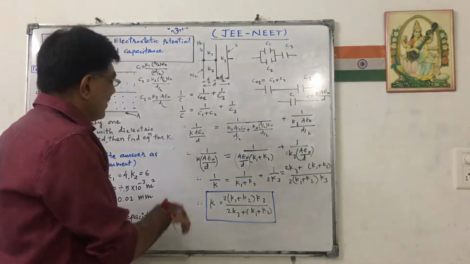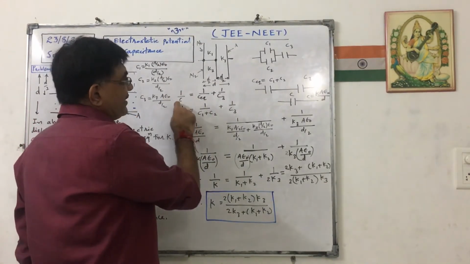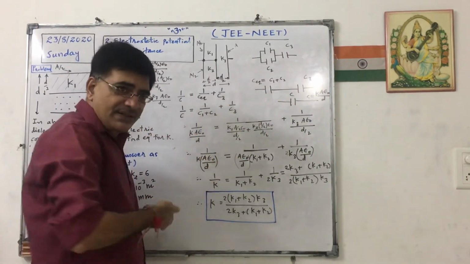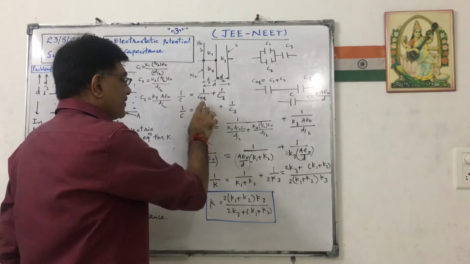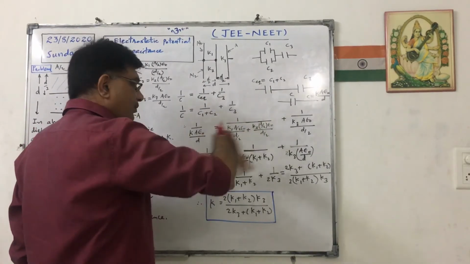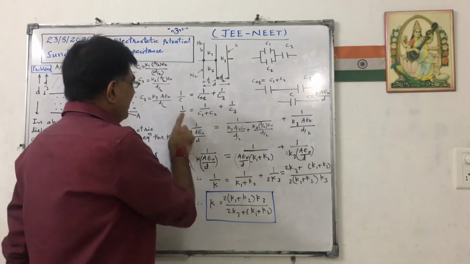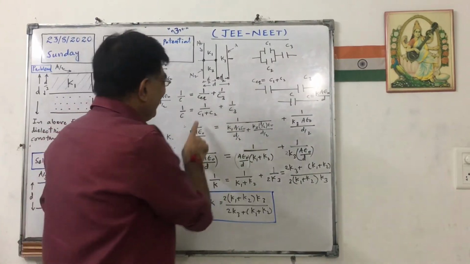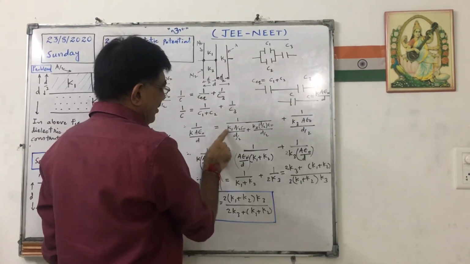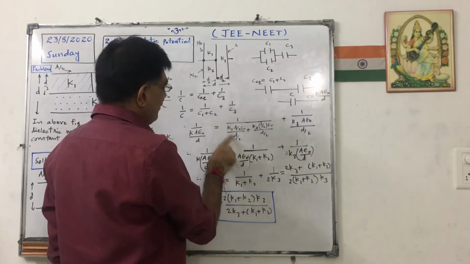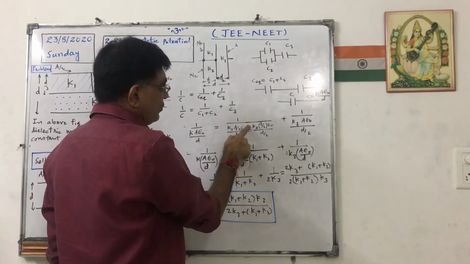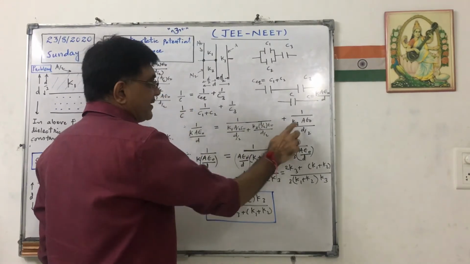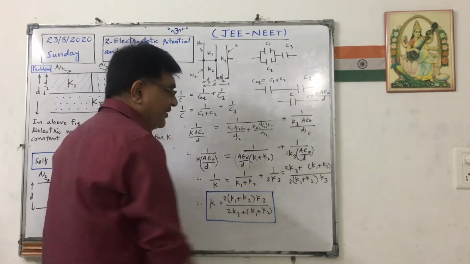Putting all the values. 1 upon C equals 1 upon C equivalent plus 1 upon C3 in series, where C equivalent equals C1 plus C2. Now replacing all the values: C is K epsilon naught upon D, C1 is K1 A by 2 epsilon naught upon D by 2, C2 is K2 A by 2 epsilon naught upon D by 2, plus C3, that is K3 A epsilon naught upon D by 2.